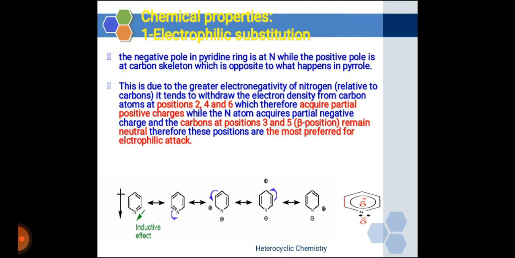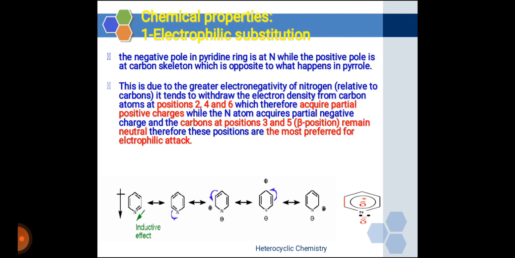The electrophilic attack in pyridine occurs at the 3rd and 5th positions, because these positions remain neutral in charge, so they are preferred for electrophilic attack. Due to the inductive effect in the pyridine molecule, in the resonating structures the double bond character shifts to the nitrogen atom.